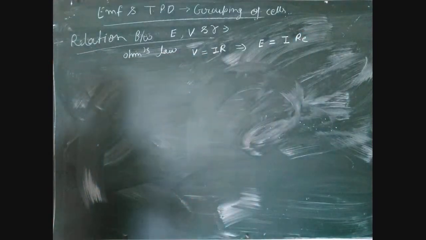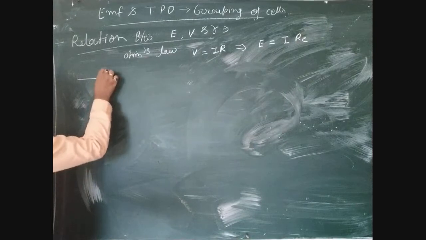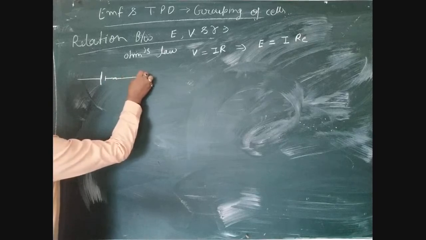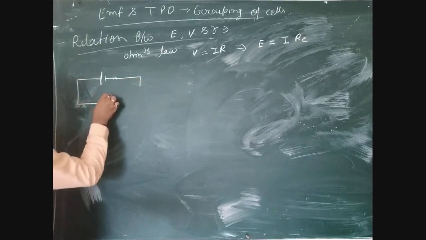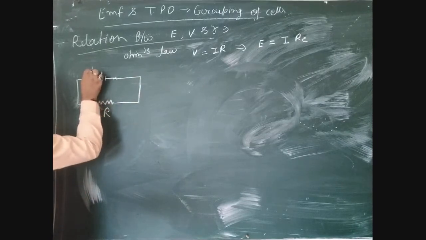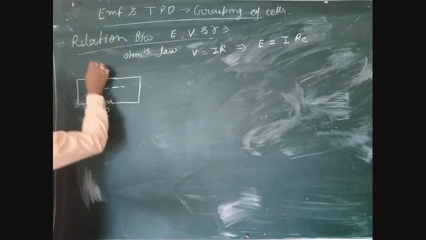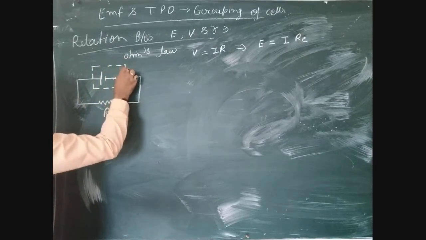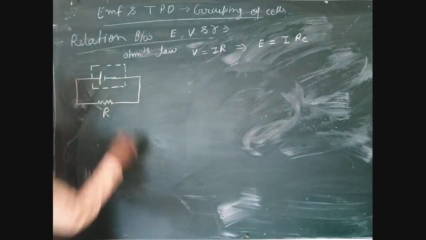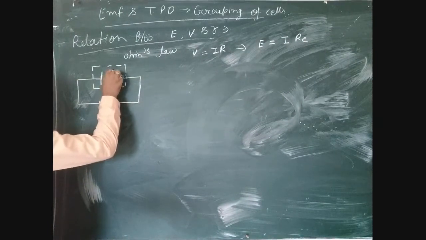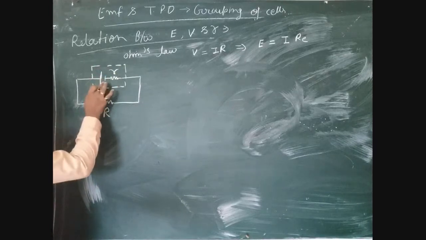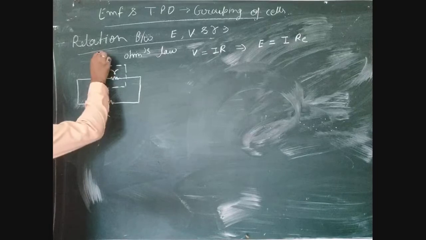Let me form the circuit. This dotted box gives the idea of the cell and its internal resistance. This internal resistance is r and the potential of this cell is E.